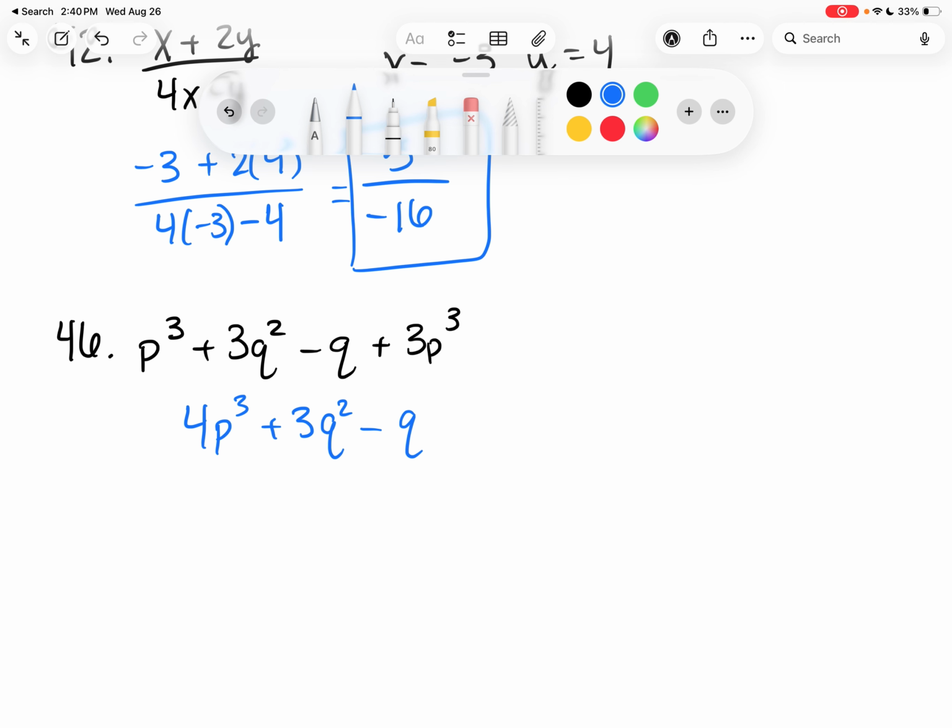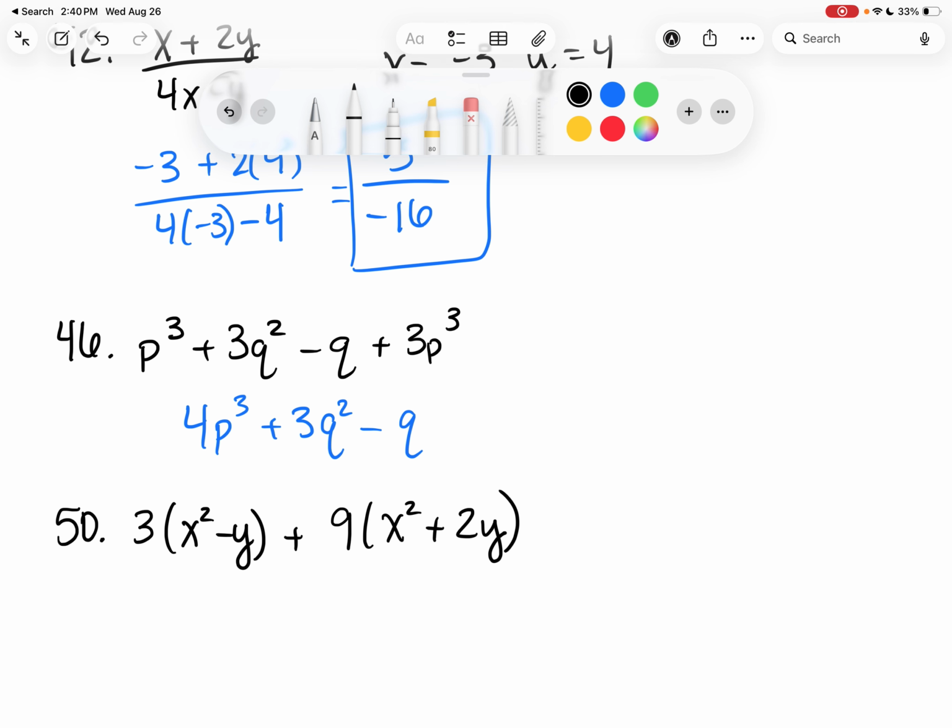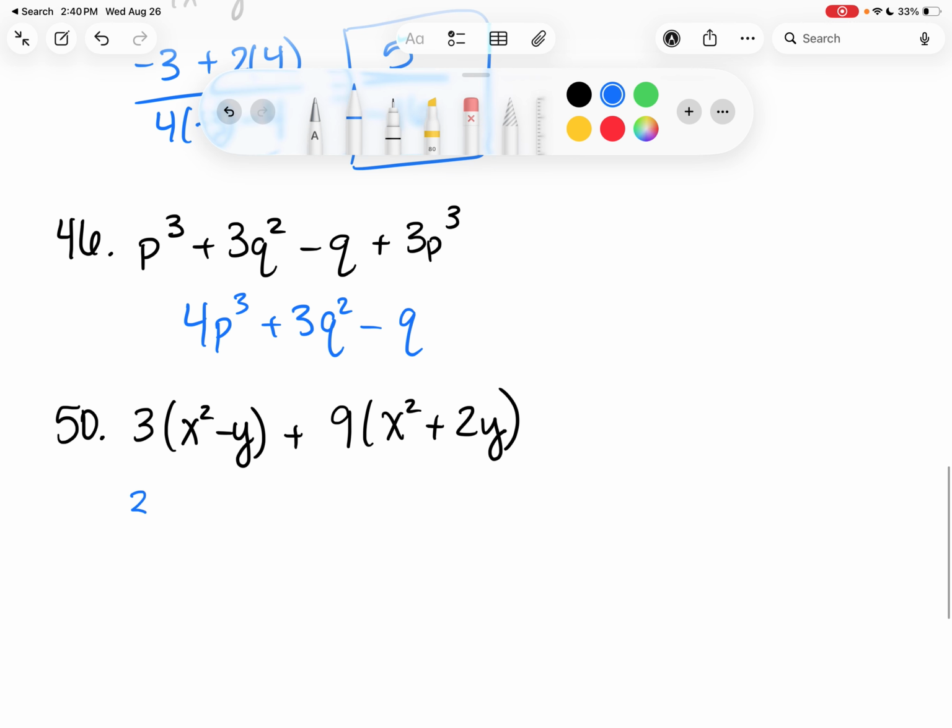I'm okay with that. All right, last one, unless we have questions. 50, 3 times x squared minus y plus 9 times x squared plus 2y. What do I have to do first? Distributive property. So I get 3x squared, negative 3y.